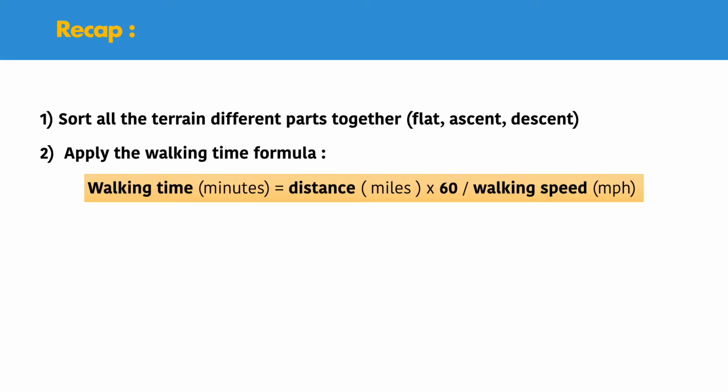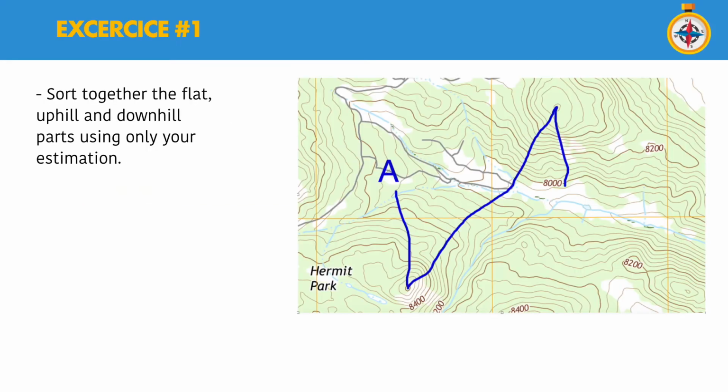Apply this formula with the walking speed of 3 miles per hour for flat parts, 0.21 miles per hour for uphill parts, and 0.34 miles per hour for downhill parts. And like that, you will get your estimated walking time.